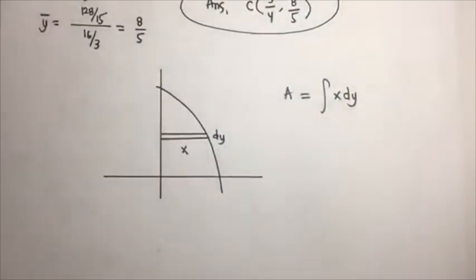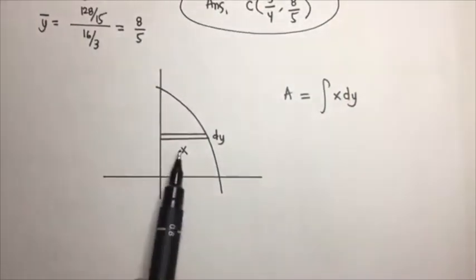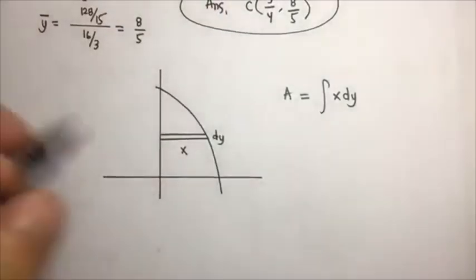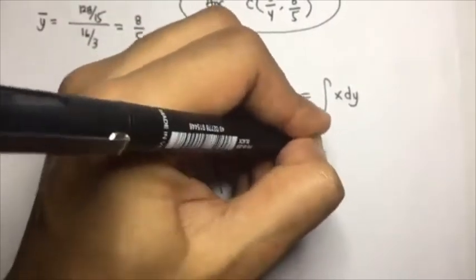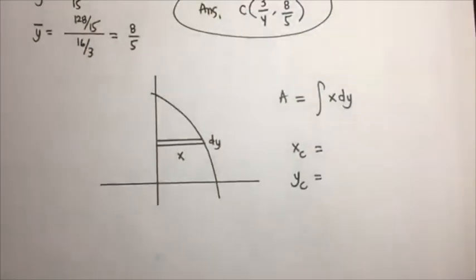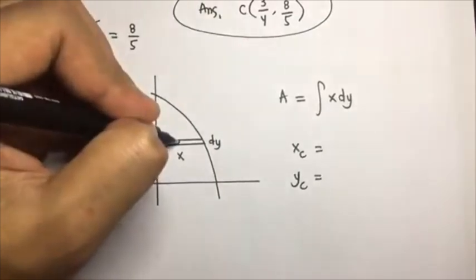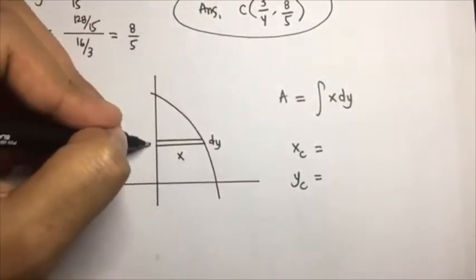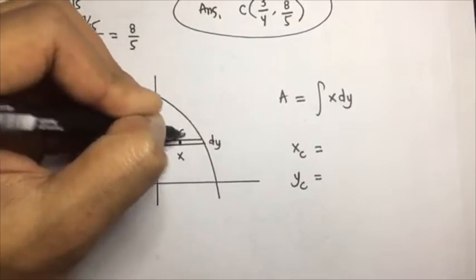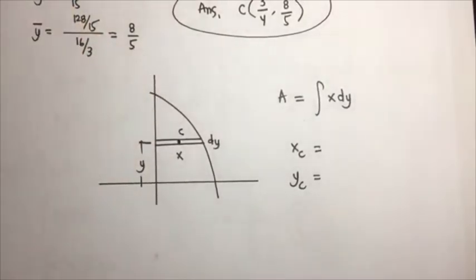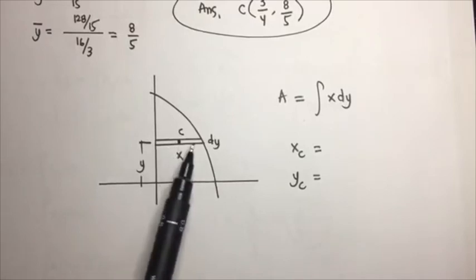Once you solve for the area, you can now solve for x bar and y bar by using xc and yc as the centroid of the strip.